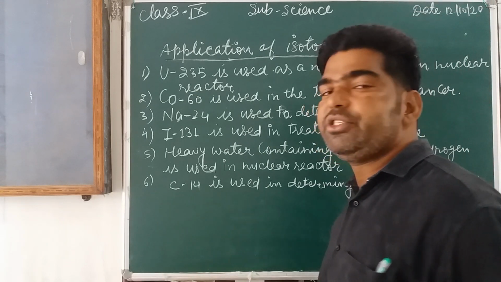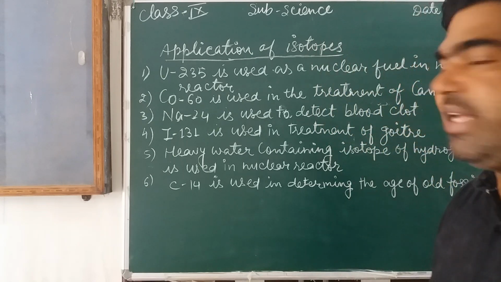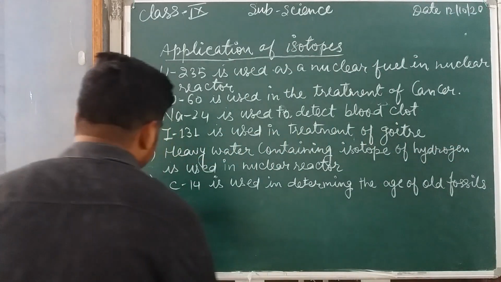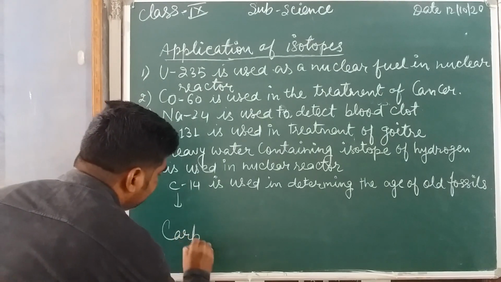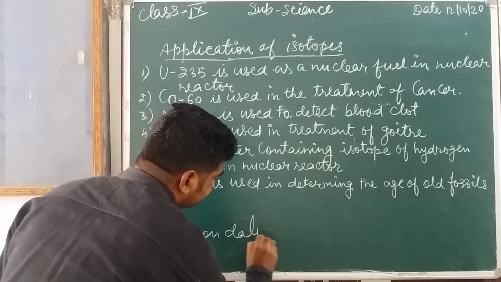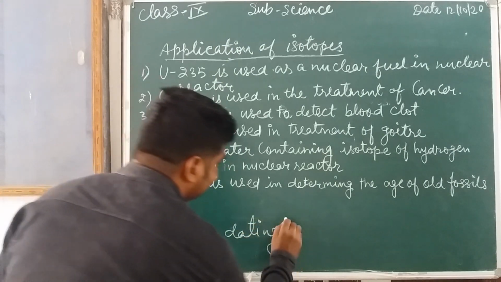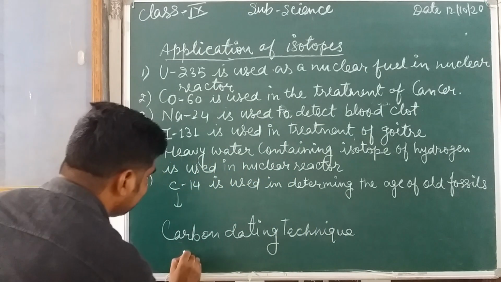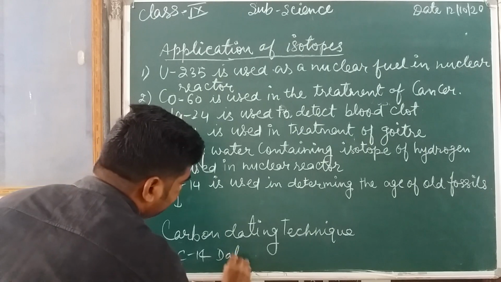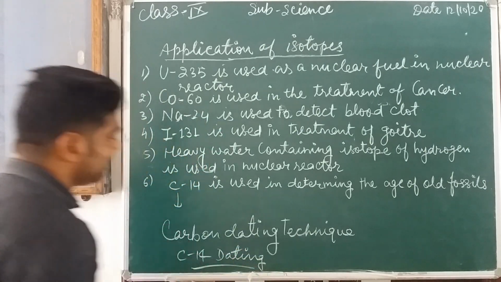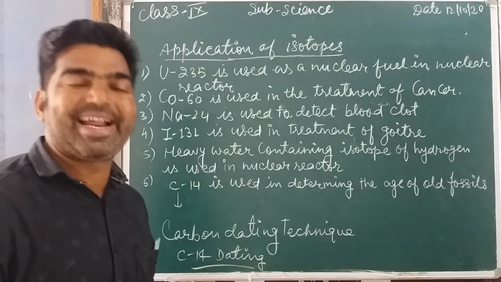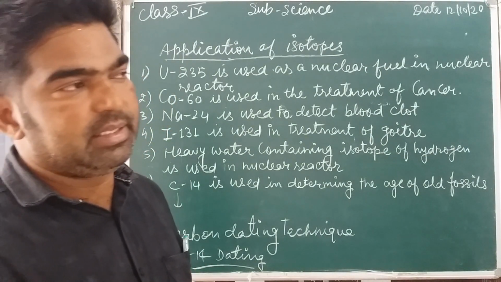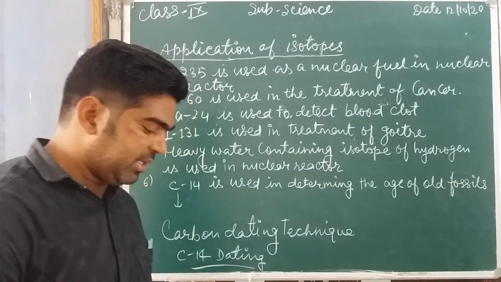Carbon-14 is used to determine the age of old fossils, and this technique is called the carbon dating technique, also known as the C14 dating technique. This technique is used to find out the age of old fossils.